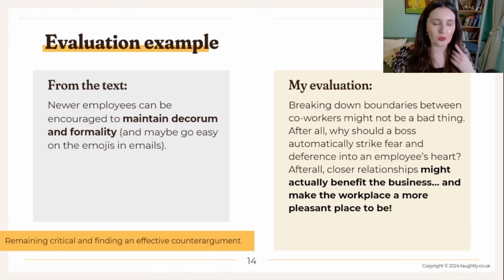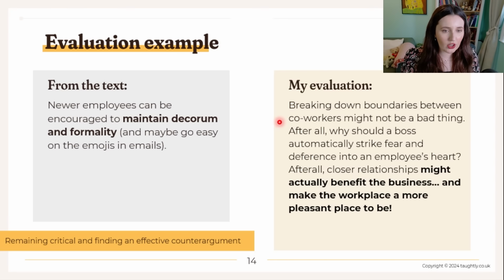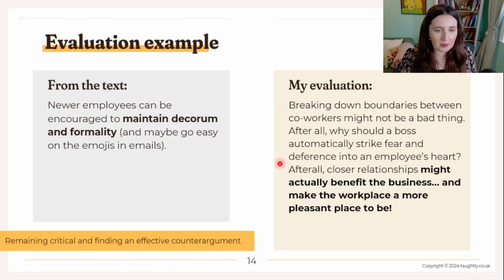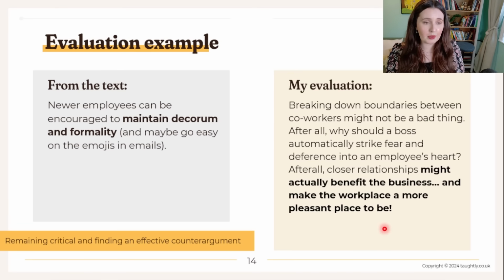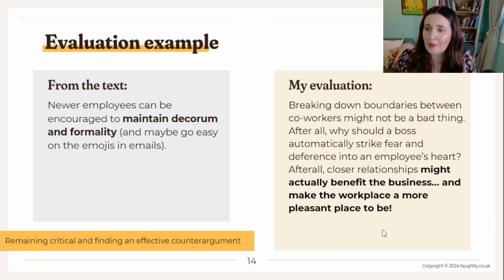So my evaluation was, breaking down boundaries between co-workers might not be a bad thing. After all, why should the boss automatically strike fear and deference into an employee's heart? Oh, I put two after alls. Never mind. After all, closer relationships might actually benefit the business and make the workplace a more pleasant place to be. So why do we have to have these boundaries? Why should I automatically respect my boss and see them as a better and superior person to me?